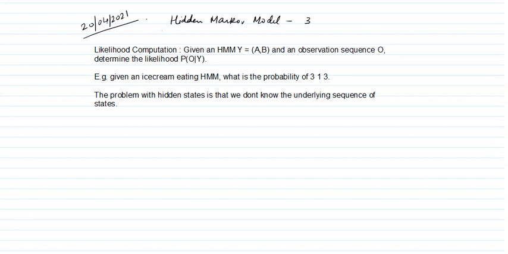Okay, so we can write it as: given the set of states Q is equal to q0 q1 dot dot dot qT, and observations is equal to o1 comma o2 dot dot dot oT.